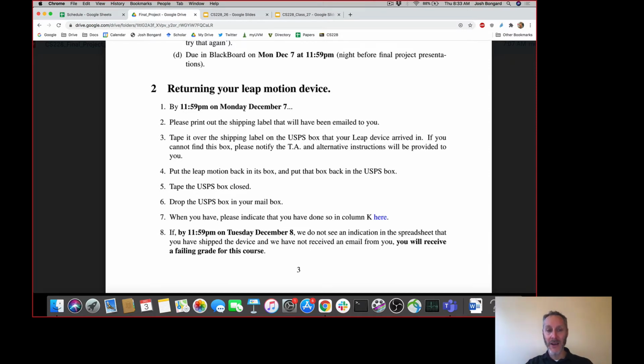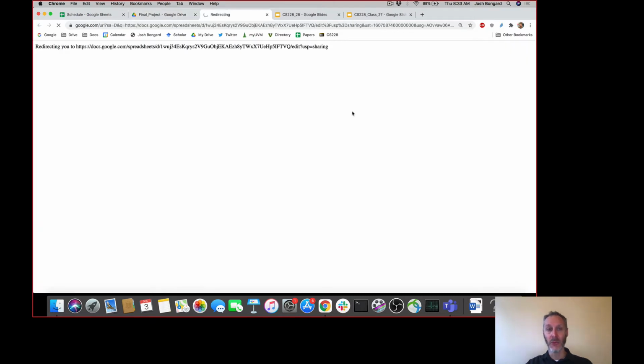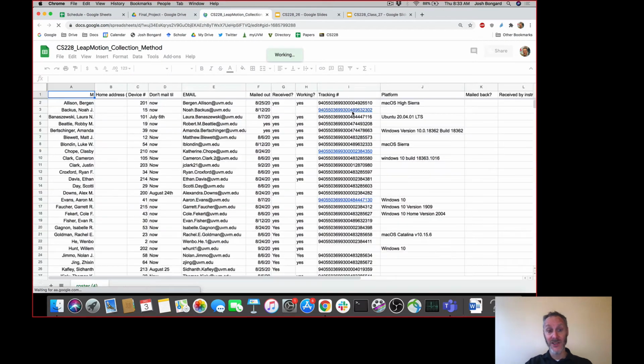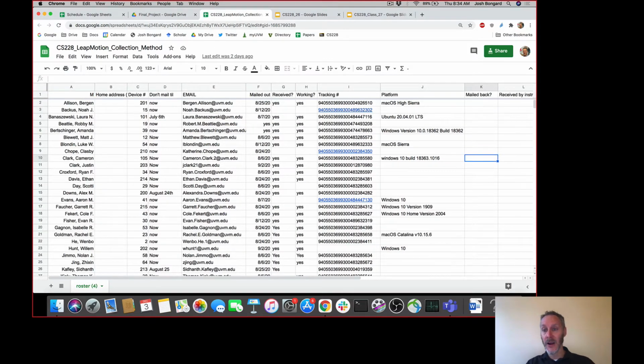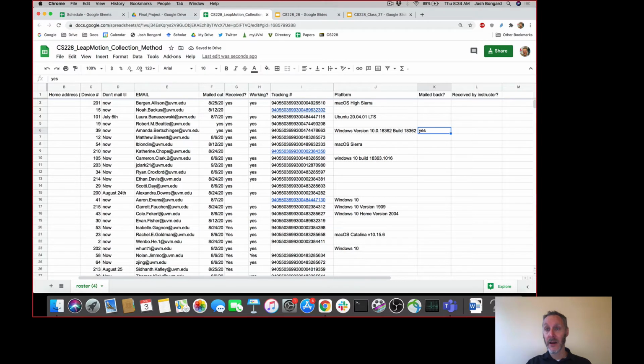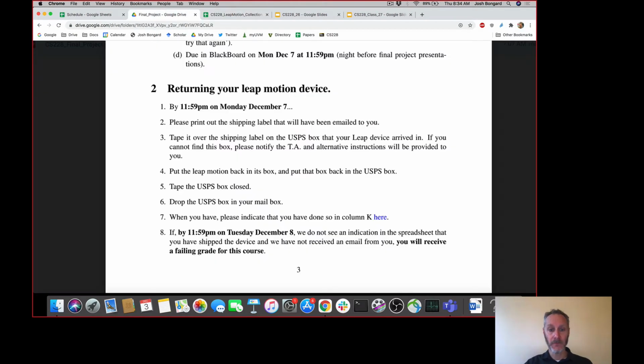When you have done that on Monday, please indicate that you have done so in column K on the original Leap Motion sign-out spreadsheet. So you'll see in column K here, all you need to do is type in, yes, I've mailed back the device. We need that by Monday.